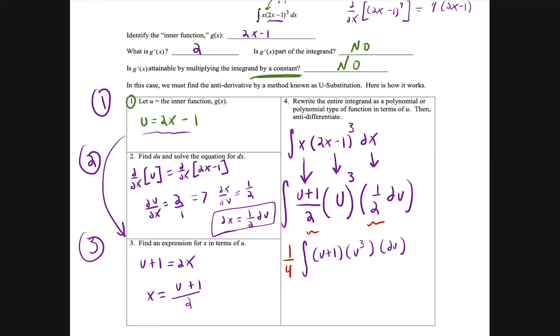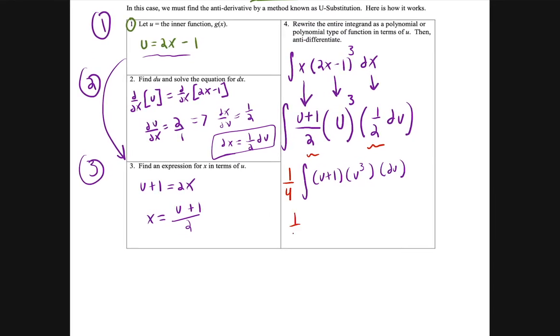So what does that mean we have? Well, it means we have 1/4 times the antiderivative of u to the 4th plus u to the 3rd du. And this is 100% something we can do.